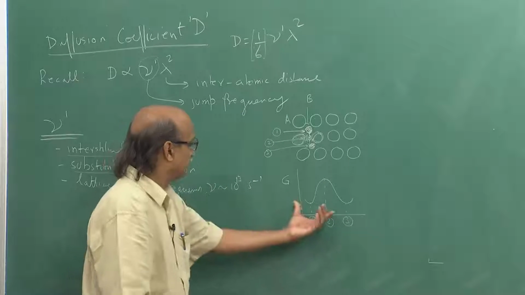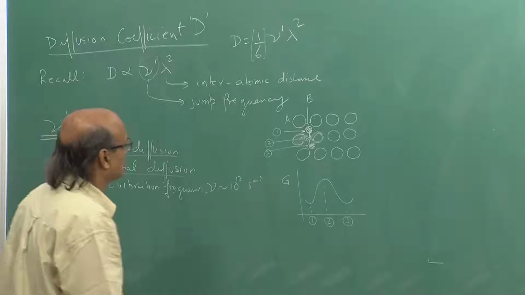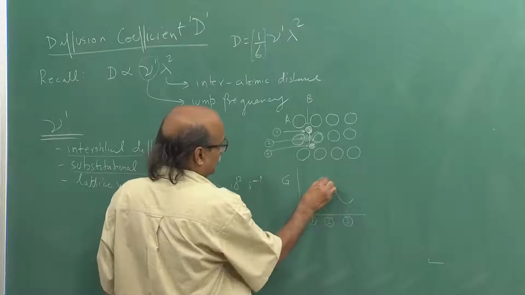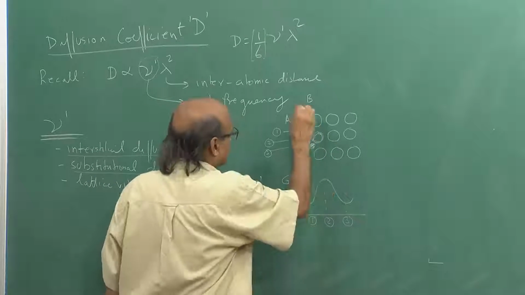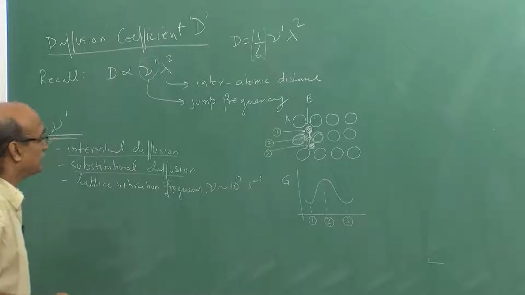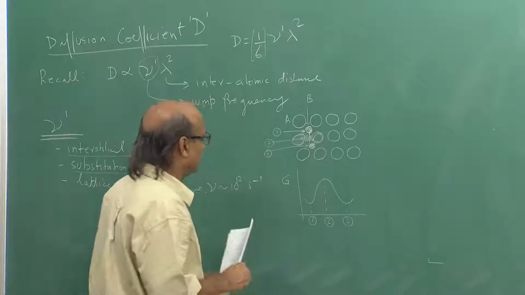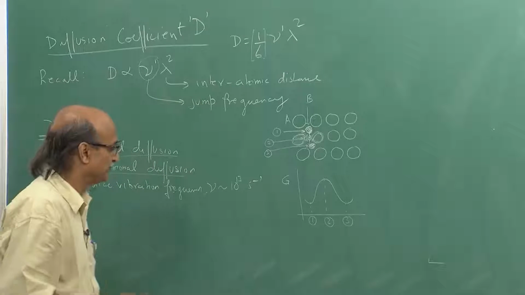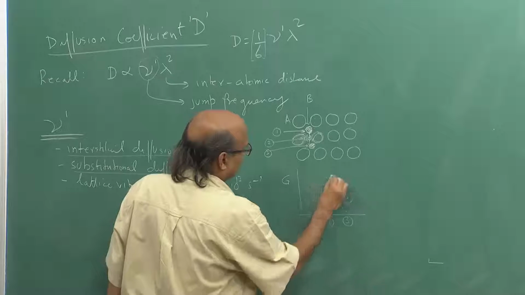Position 1 and position 3 are equilibrium positions, low energy positions, while at position 2 the crystal is taken to a high energy state. Therefore, for this jump to be successful, the interstitial atom has to have sufficient energy to jump over this energy hill.